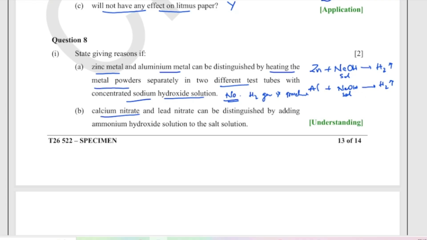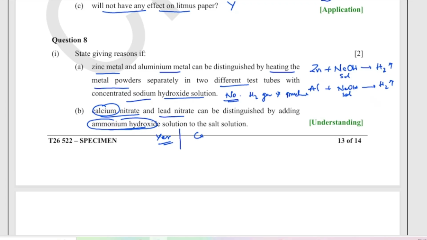Next, calcium nitrate and lead nitrate can be distinguished by adding ammonium hydroxide solution to the salt solution. Yes, we can distinguish. How do we distinguish?